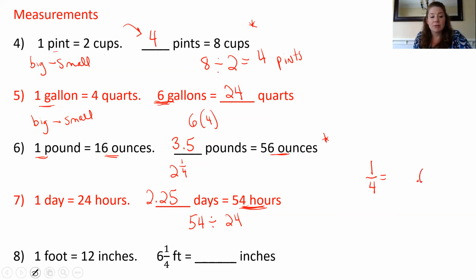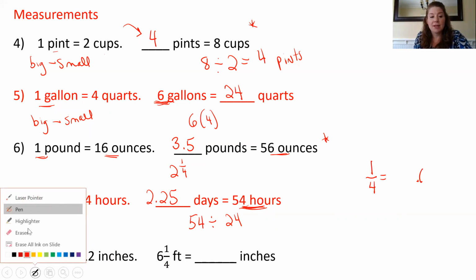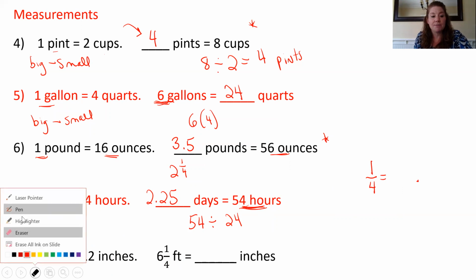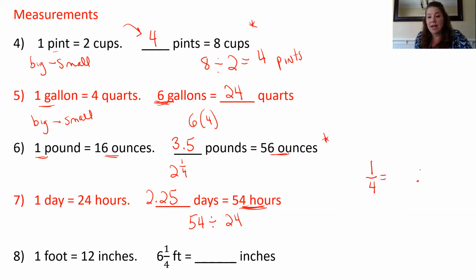So 1/4 is equal to 0.25, so 6 1/4 is 6.25. I'm going to multiply 6.25 by 12, and I get 75 inches.